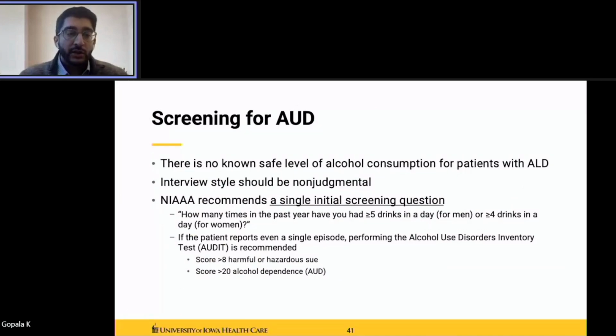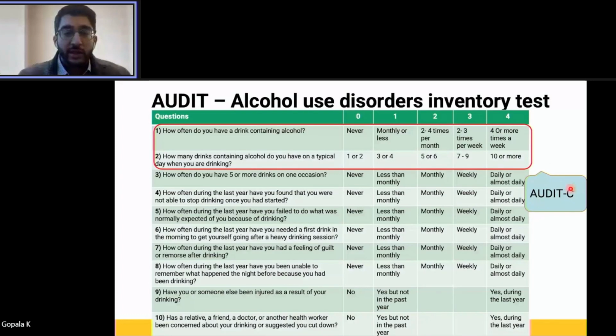The important thing to do is be non-judgmental. And an easy way, first question you can ask is, how many times in the past year have you had more than 5 drinks in a day, or 4 drinks in a day for women? The other questionnaire I would suggest is the AUDIT. And you can start with the AUDIT-C, which is just these first 2 questions.